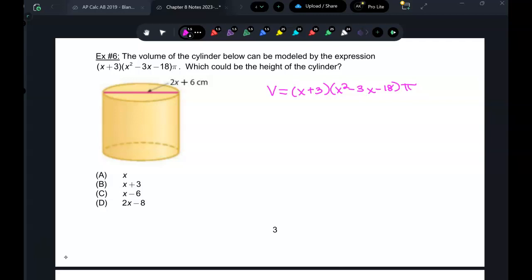Like x could be right. Well, you're plugging in answers when they're not in numerical order. Okay, let's start here. This is the diameter. So what would the radius be? X plus 3.